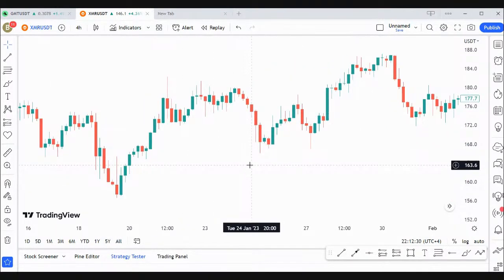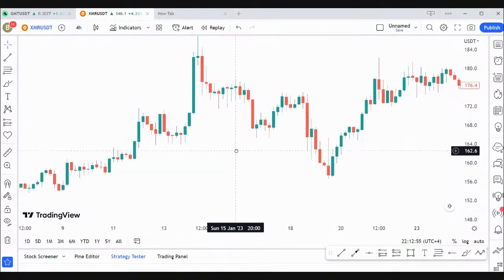Once you see an imbalance, price will mitigate through the imbalance. Then either it fills up the imbalance and gets sold off, or it fills up the imbalance and buyers will step in from there. So this is exactly what imbalance does in the market.